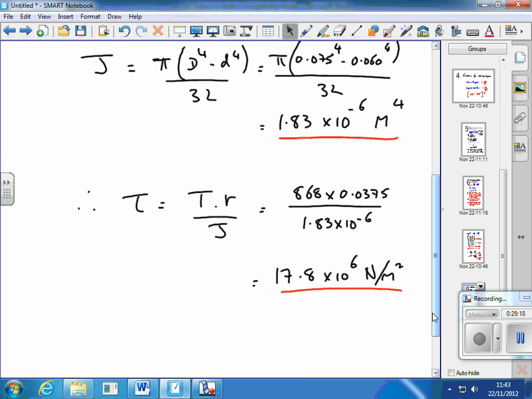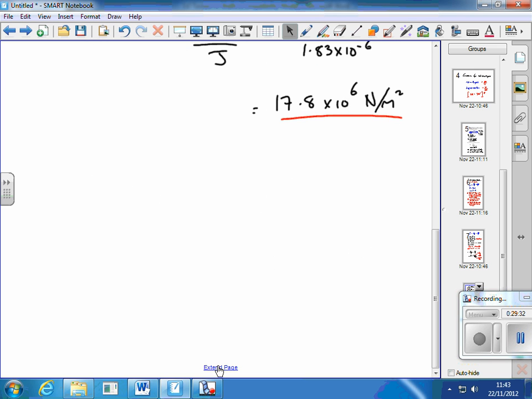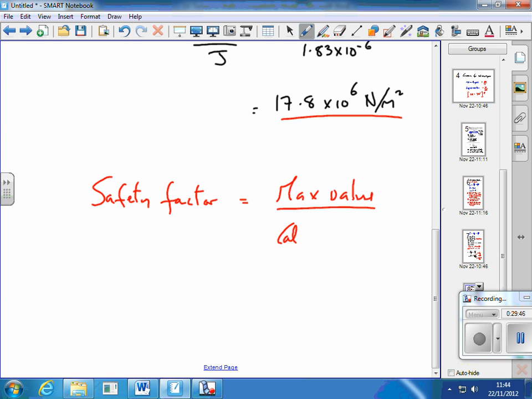So now the safety factor, it's not a percentage, so it's just a number. You just divide the maximum by what you're putting in. So the safety factor equals maximum value divided by calculated value.